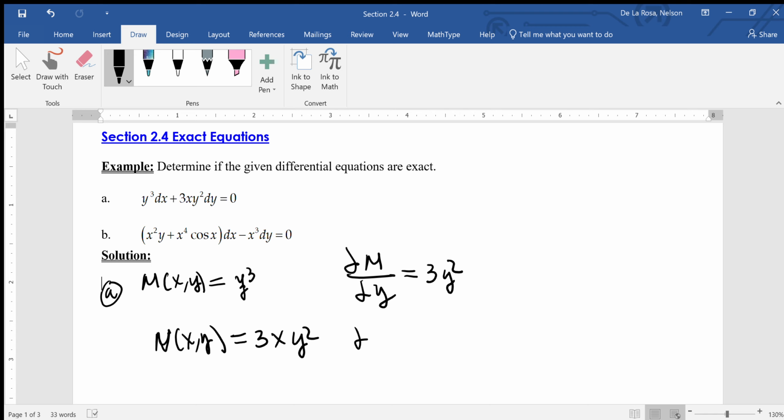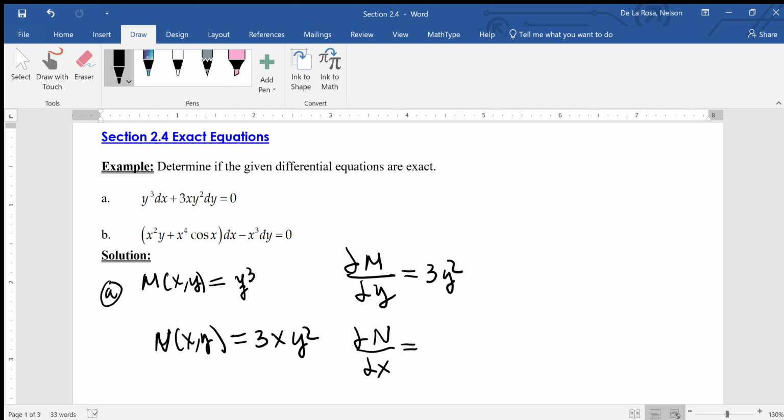Now, the partial derivative of N with respect to x. When we find the partial derivative of N with respect to x, y is going to act as a number. So what is the partial derivative of 3x y squared with respect to x?